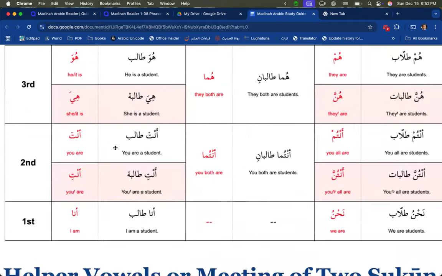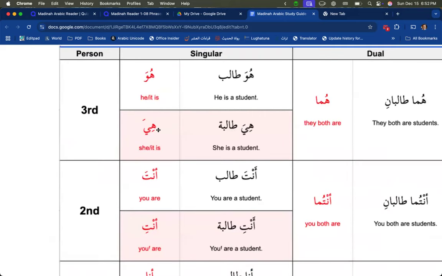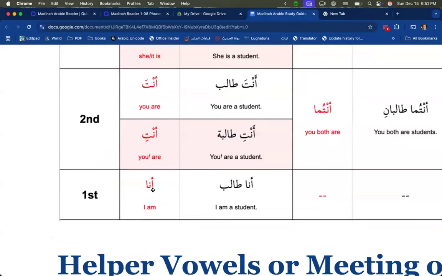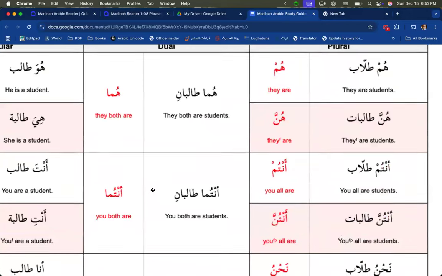So we've learned a little bit about the universe of the pronouns. Huwa, hiya is third person. He is, she is, or it is, right? Anta, anti, you, that's second person. And ana, first person. Let's look at, just for completeness, hum, they, third person, generic.